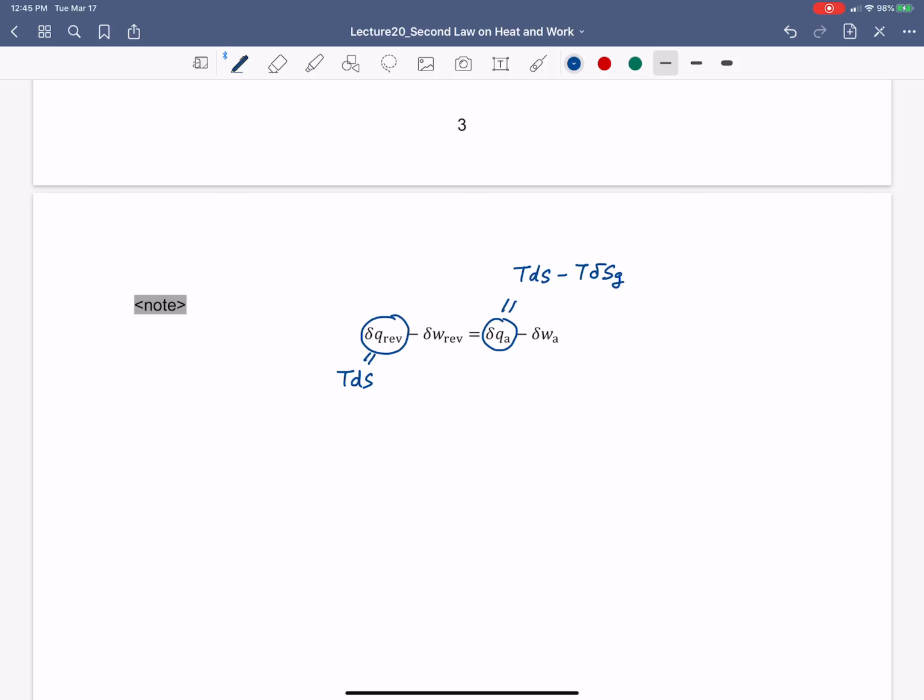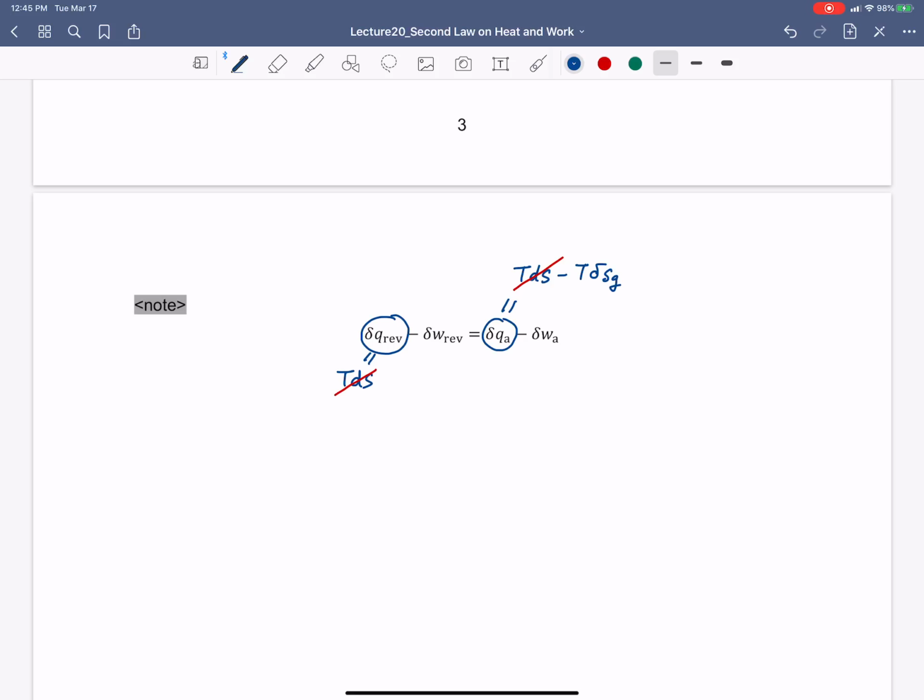Now let me just write that one in small sg. So remember that this equation is just based on the whole unit mass. From this equation, now we see the common term TdS here and the common term TdS here.